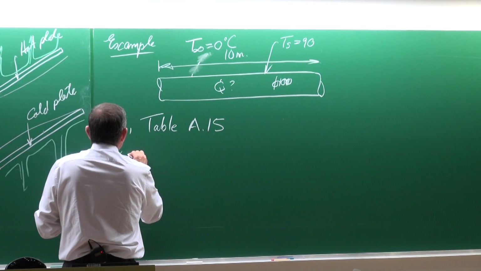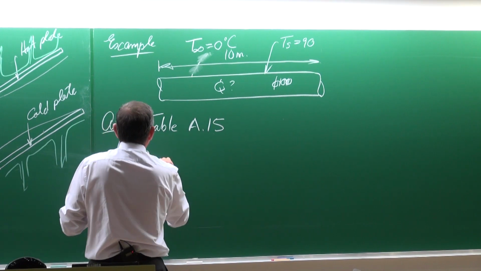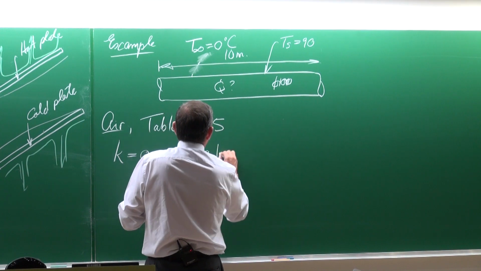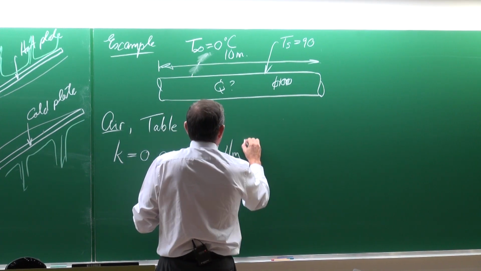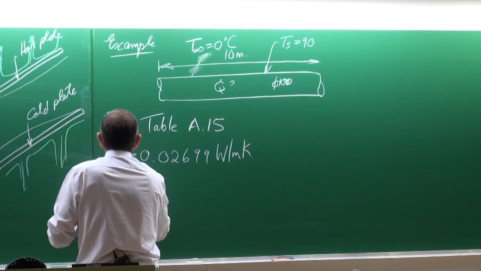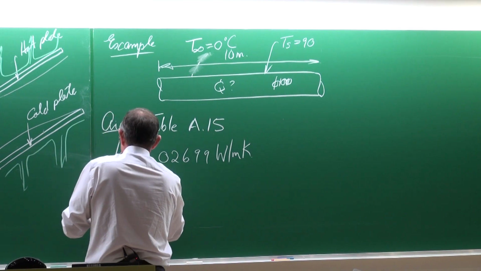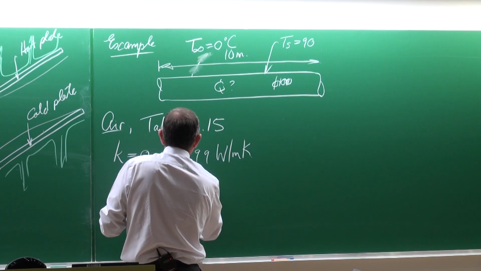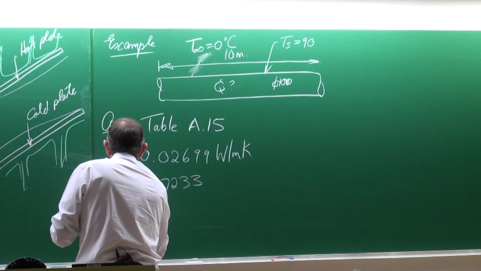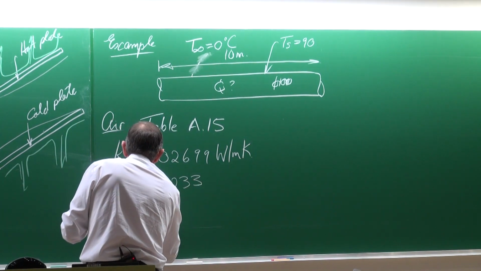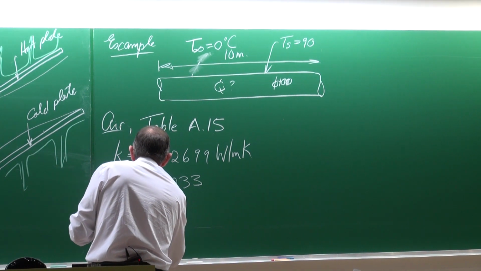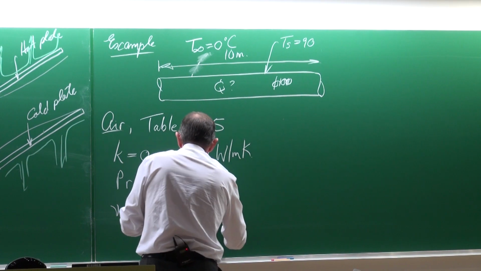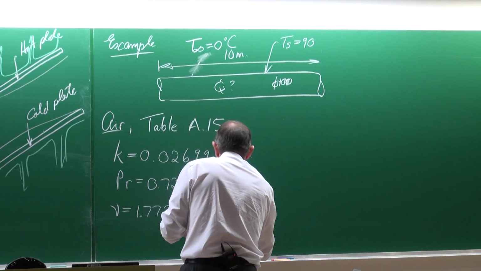The properties are: k is equal to 0.02699 watt per meter Kelvin, Prandtl number is equal to 0.7233, the kinematic viscosity is equal to 1.772 multiplied by 10 to the minus 5 square meters per second.